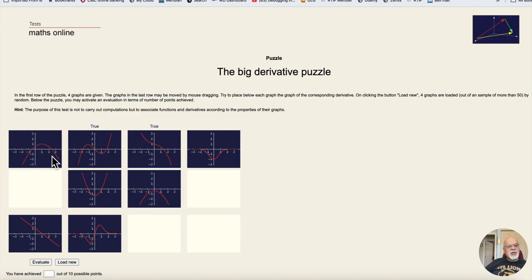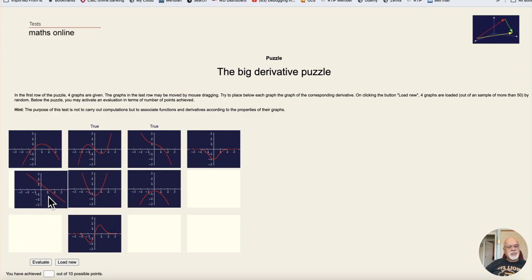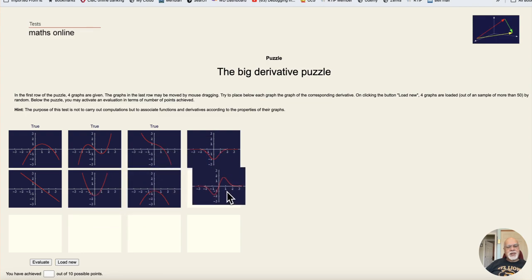The first one is a parabola, and you notice that its leading coefficient must be negative because it opens downwards. So when I take the derivative of a quadratic with a leading negative coefficient, I'm going to get a linear function, and its slope would be negative. And so that would be this one. And then from the process of elimination, this one must be that one.